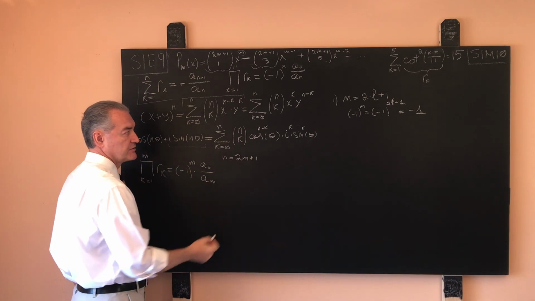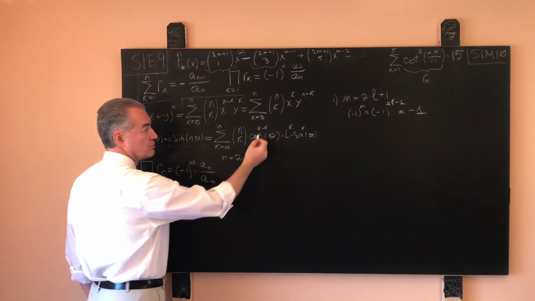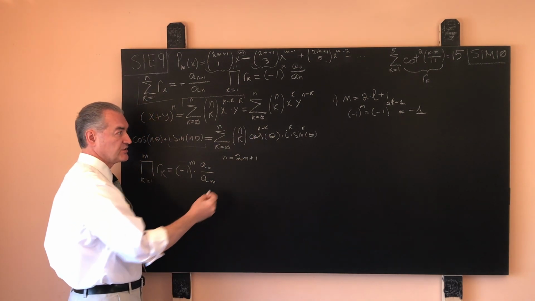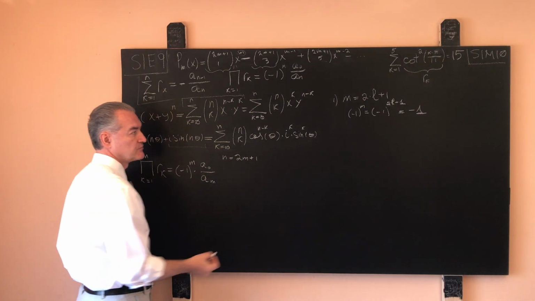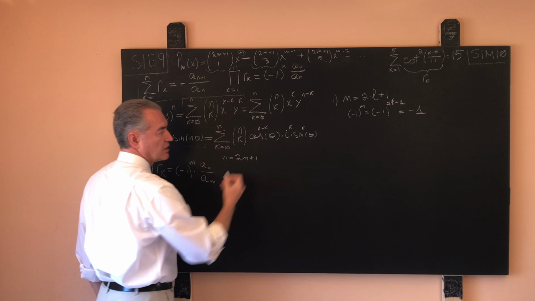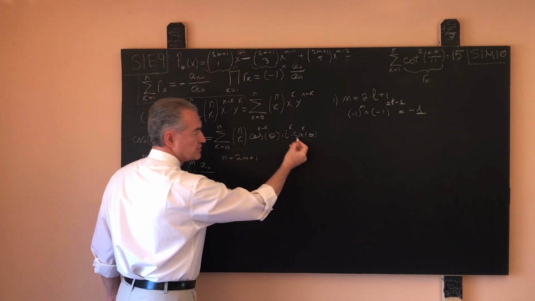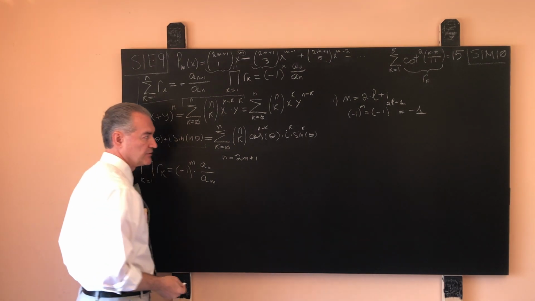In this case, cosine of the angle theta will be raised to the power n minus n, which is 0, which brings the cosine into the unity, plus 1. The imaginary unit i will be raised to the power of n, and the sine of theta will be raised to the power of n.